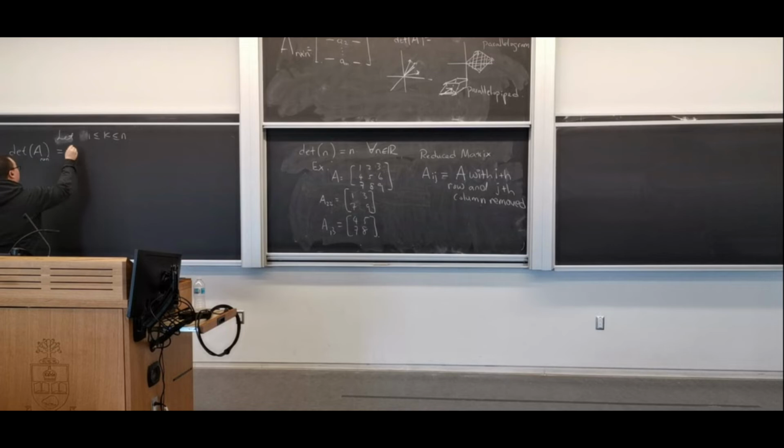Then this equals the summation of -1 to the power of i plus j, times a_kj, times the determinant of A with some kind of subscript. So k is the row, which is fixed, so I have to remove the kth row. And the column will go from 1 to n.